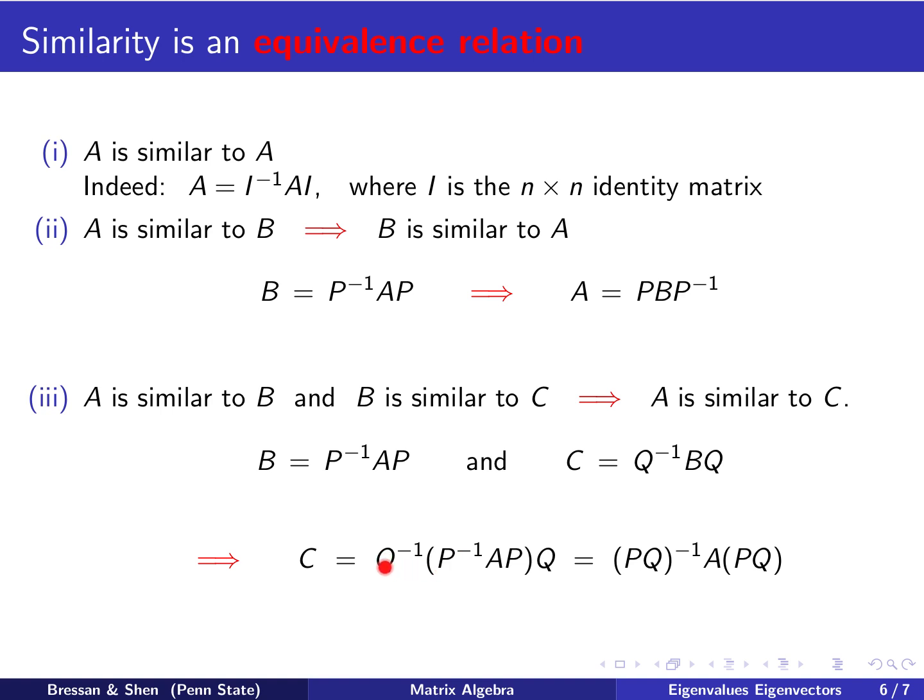And then we recognize that that product is the inverse of P times Q, the product in reversed order. And then P times Q, we group it. Then we see that C satisfies this relationship, which means A and C are similar, where the matrix here, P times Q, is the one that we would standardly call P.